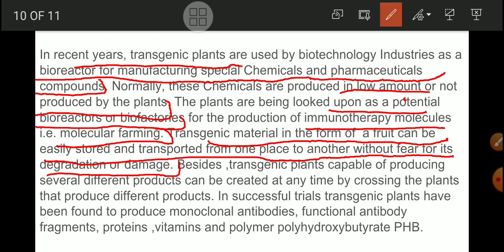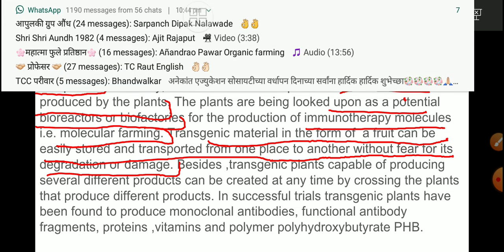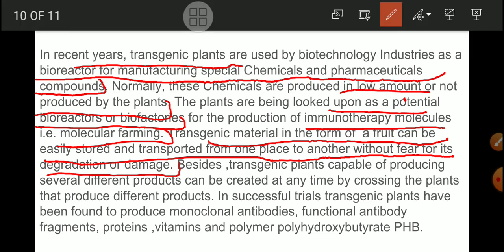But suppose we succeed in developing transgenic plants producing vaccines, then there is no fear about transport, and storage is also easy. There is no need to fear damage or degradation of the vaccine, so those problems can be solved.